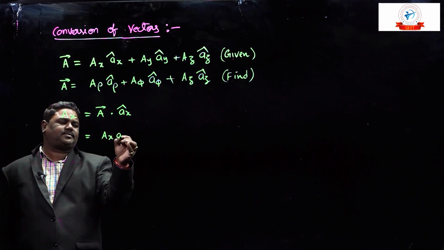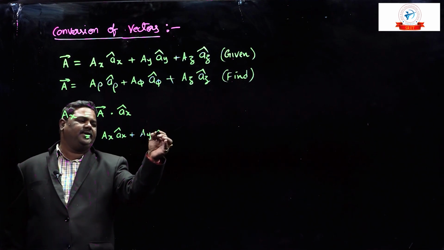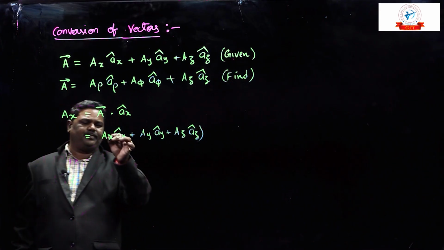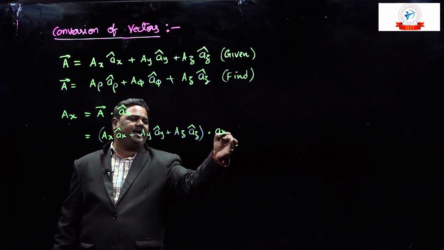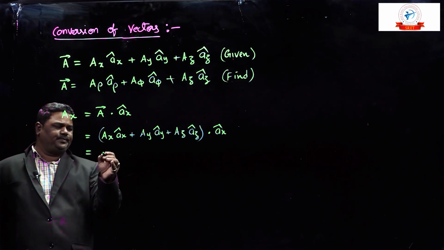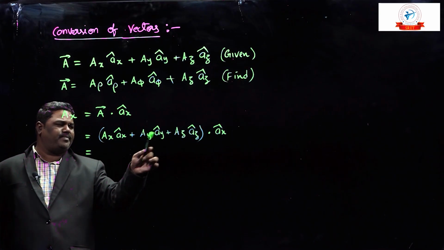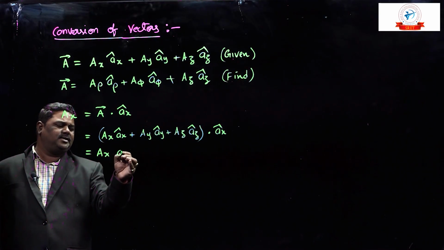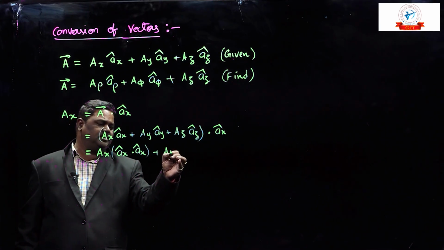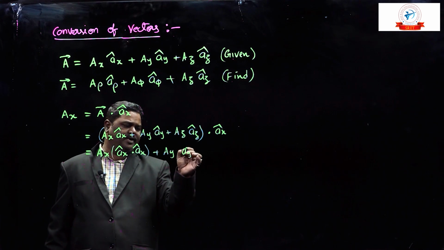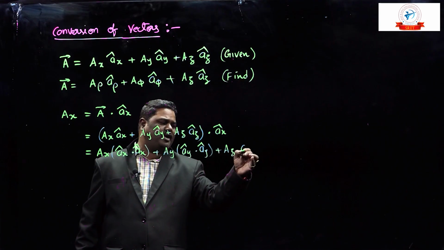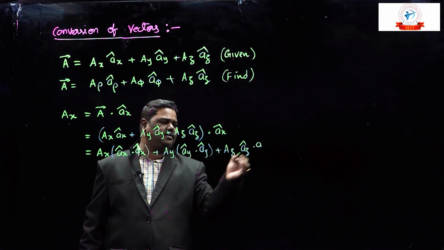So a bar is ax ax cap plus ay ay cap plus az az cap, dot ax cap. Now perform this dot product with each term in a bar. You get ax into ax cap dot ax cap plus ay into ay cap dot ax cap plus az into az cap dot ax cap.